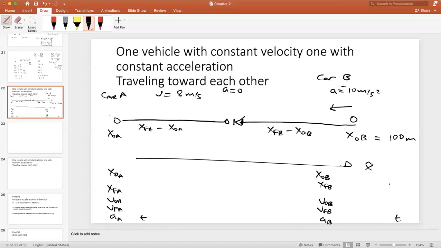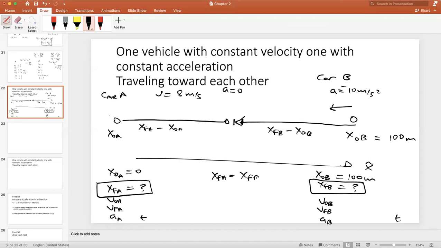We're not going to know t yet, so what I want to know is what is x final of B and what is x final of A. I know that this one is 0 and this one is 100 in this case. I don't know what this is, but I do know that x final of A is x final of B. They will be at the same point when they meet.